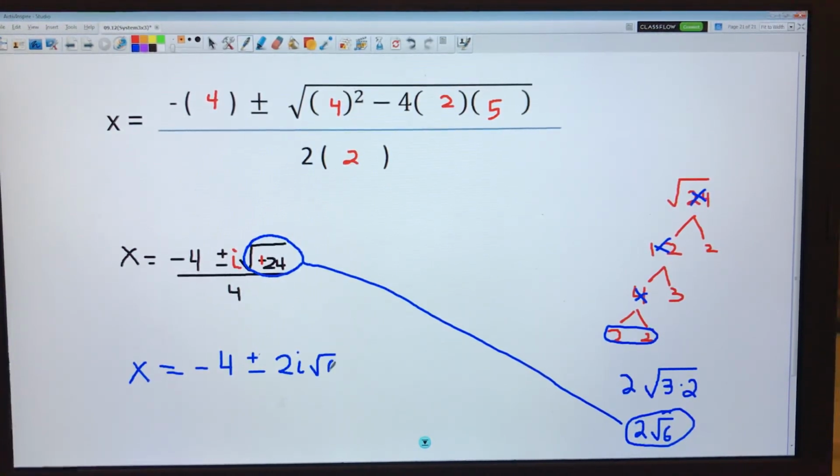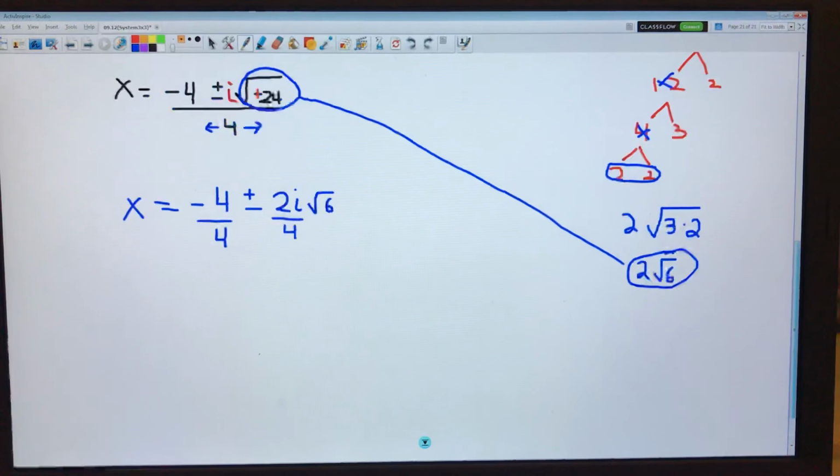It doesn't really matter if you put the i in the front, it just looks better, just like saying 2x instead of x times 2. Just replace that with this, and then this 4, remember we're going to duplicate it, so it goes in 2 spots. You get the 4 right here, and the 4 right here.